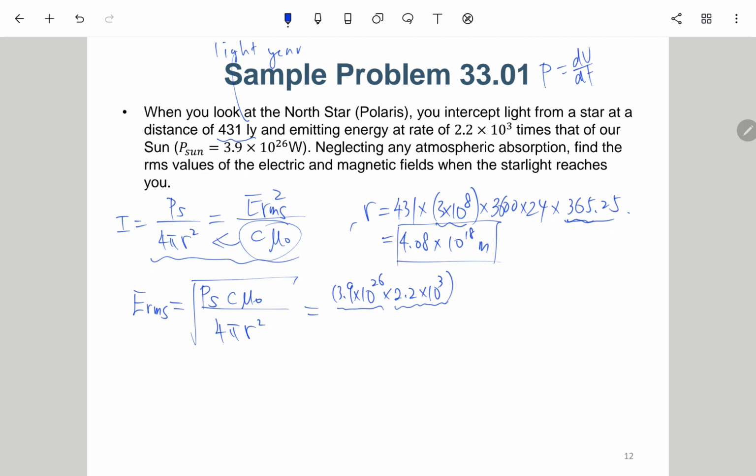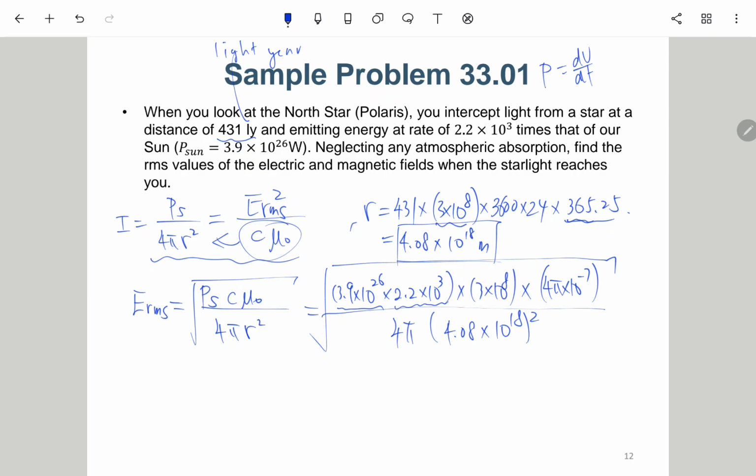Okay, so this is the P of the North Star, the power of the North Star. And then times c is 3 times 10 to the 8th power, and then times mu naught is 4 pi times 10 to the negative 7th. Okay, and then all over 4 pi, and then r squared is 4.08 times 10 to the 18th power quantity squared. And then we take the square root of this big thing.